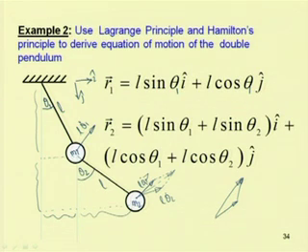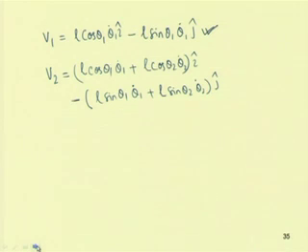After finding the velocity of mass 1 and mass 2, one can determine the potential energy and kinetic energy of the system. So, the kinetic energy of the system T can be written as half m1 into v1 dot v1.